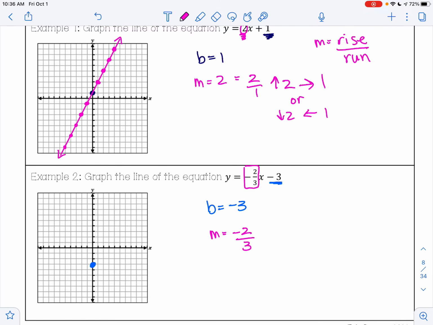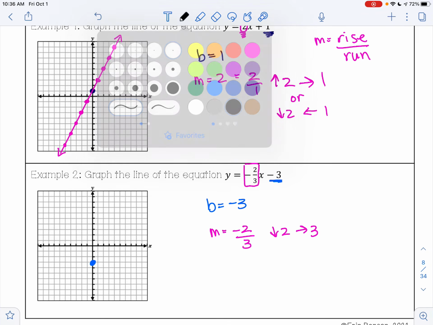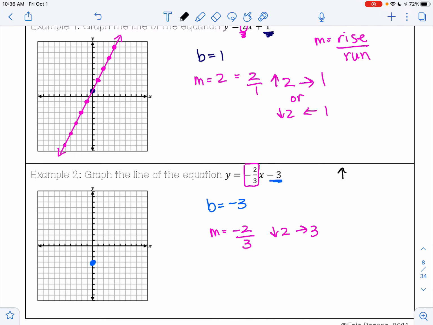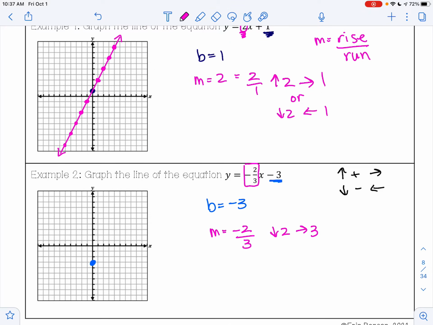So if I put the negative with the 2, that means I'm going to go down 2 because it's negative and to the right 3. Remember, if it is positive, you go up. If it is negative, you go down. If it is positive, you go to the right. And if it's negative, you go to the left. So I'm going to go down 2, right 3.